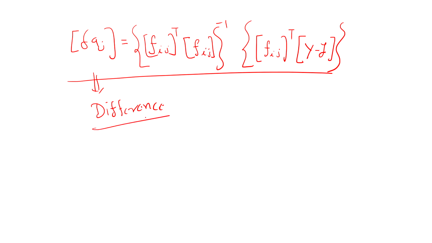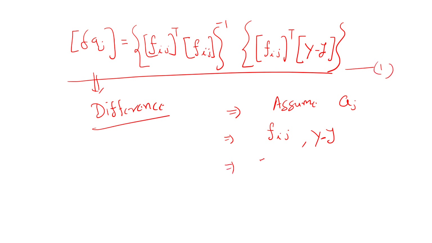So let us understand why we are actually trying to calculate the difference. This is a nonlinear regression where things are not happening like the linear regression. So what I do, I assume Aj's. I find out Fij's and capital Y minus small y.